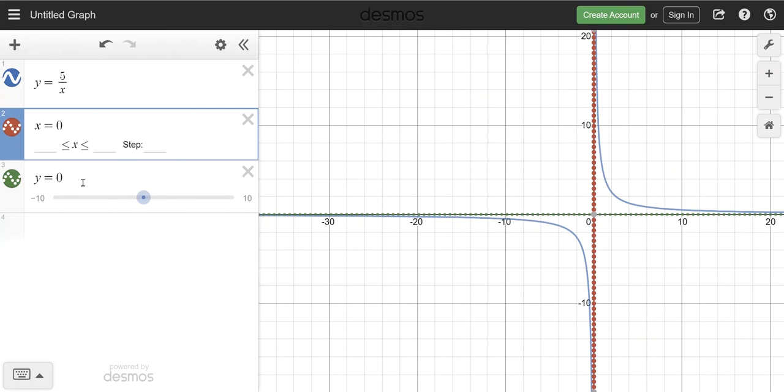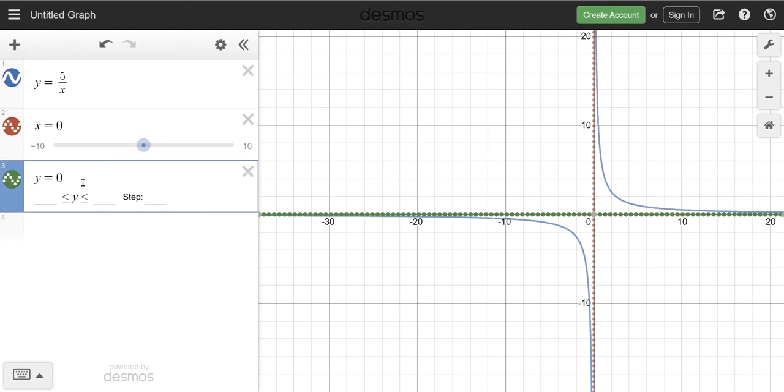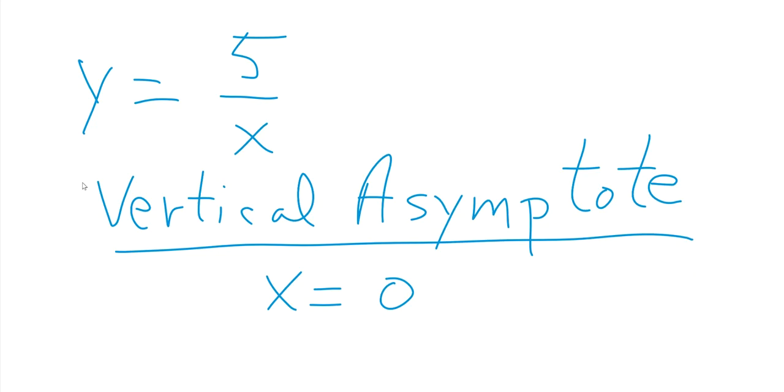And again, the graph also is approaching the x-axis in this particular situation, which is y equals 0. You can see this one. So we also have a horizontal asymptote. And we should probably write that one down.